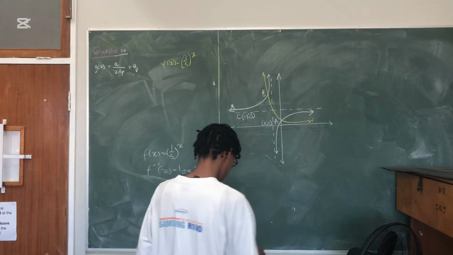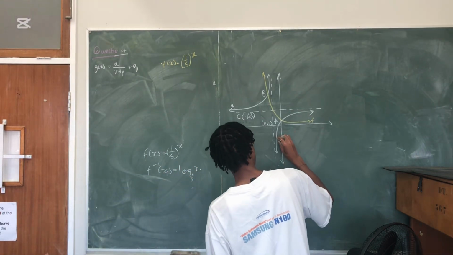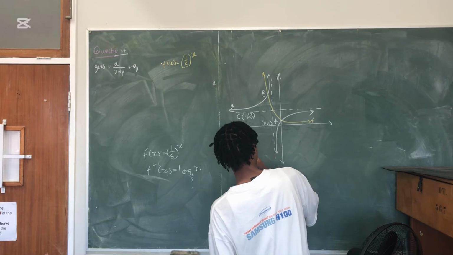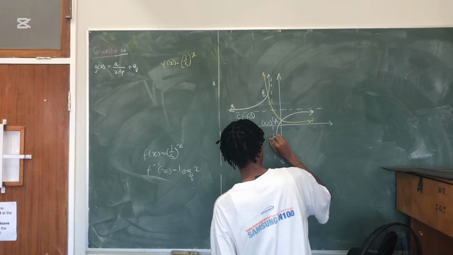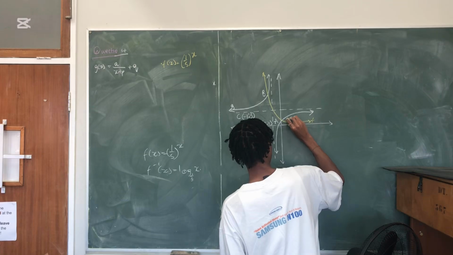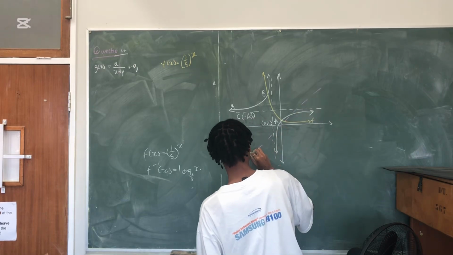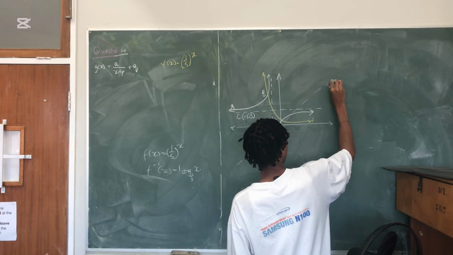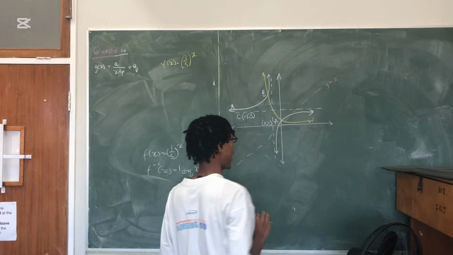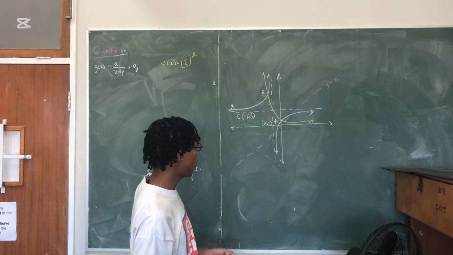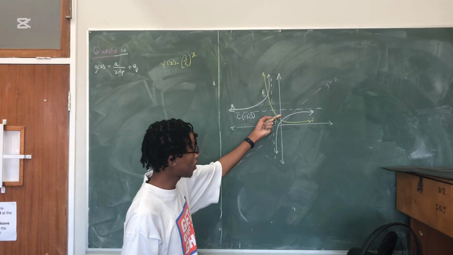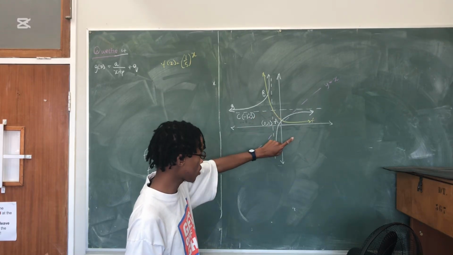So this imaginary line y is equal to x, and the inverse of our f of x is a reflection across this line.